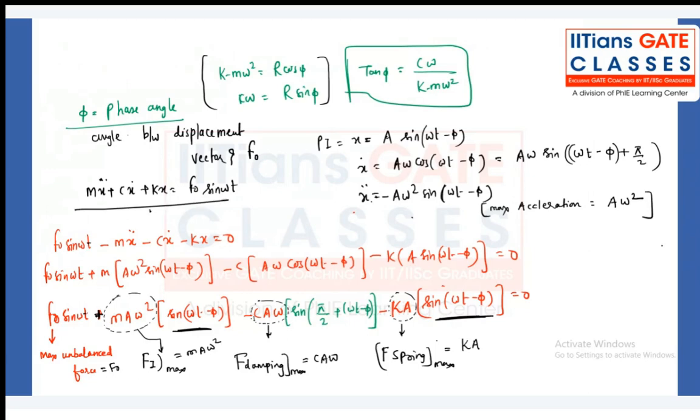This is the equation of motion. From here, we are taking F naught sine omega t minus this quantity, which I have taken to this side, and I have equated that to 0.